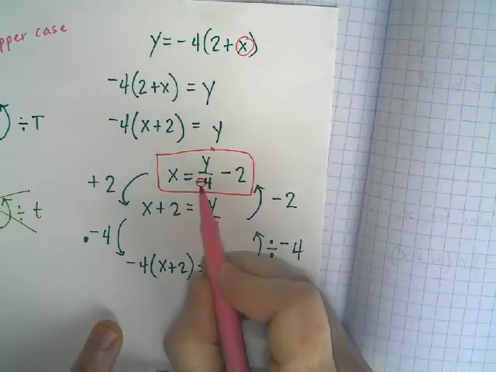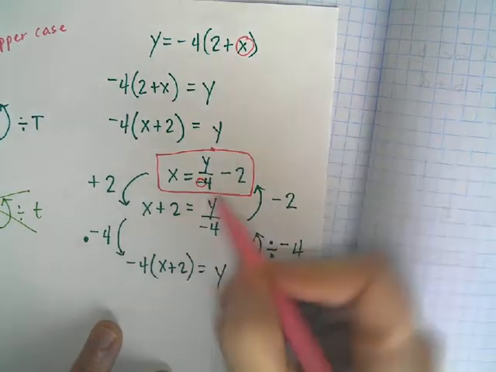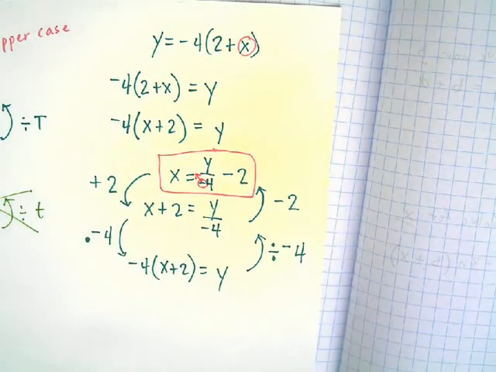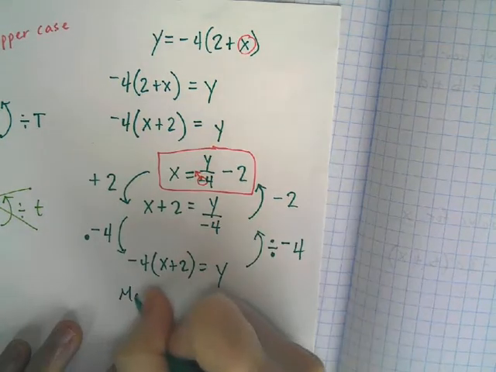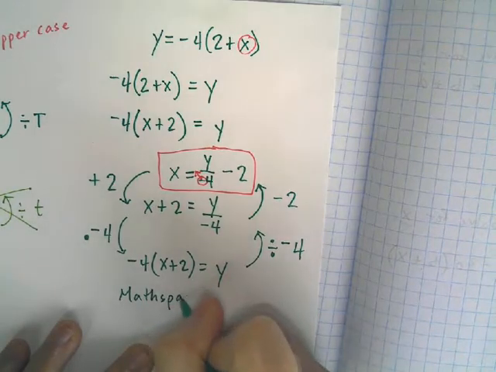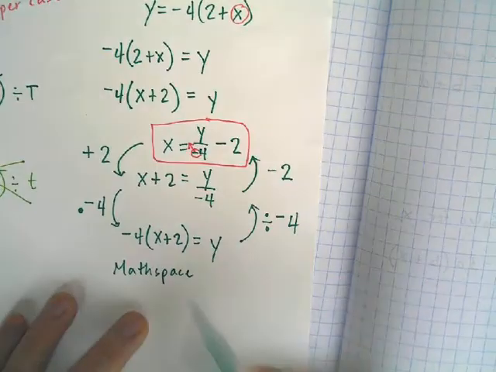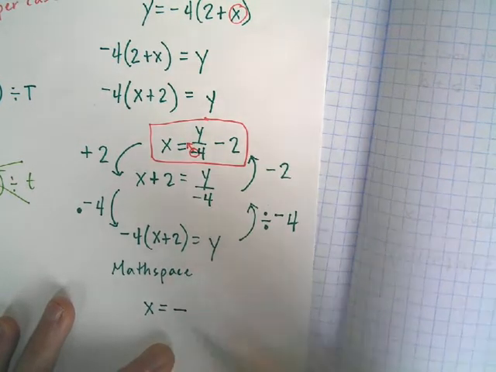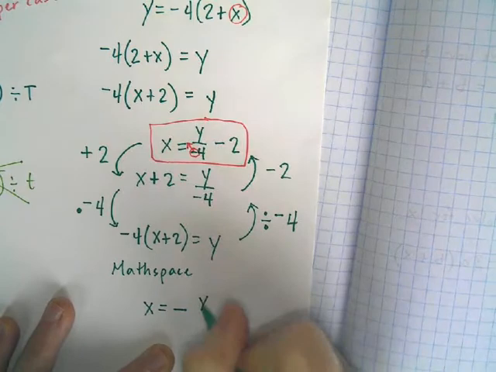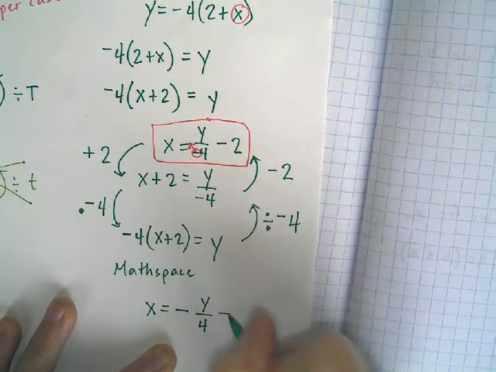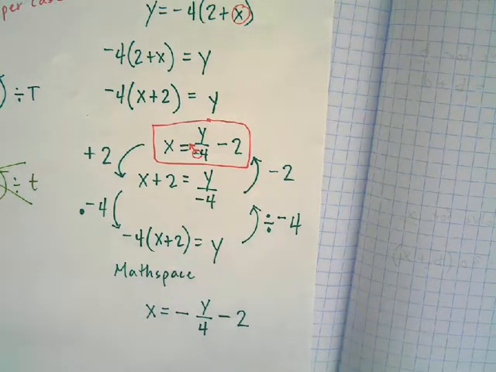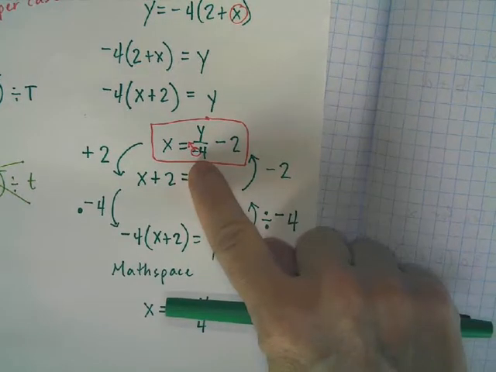Math Space has a hard time understanding the negative in the denominator, so we're going to put that negative on the side, and then y over 4 minus 2. I noticed a lot of you having a hard time with that when doing your Math Space work. Math Space will tell you that this was not written correctly.